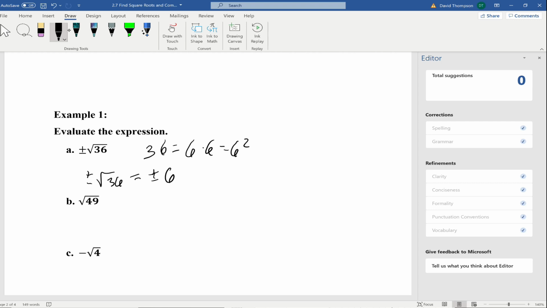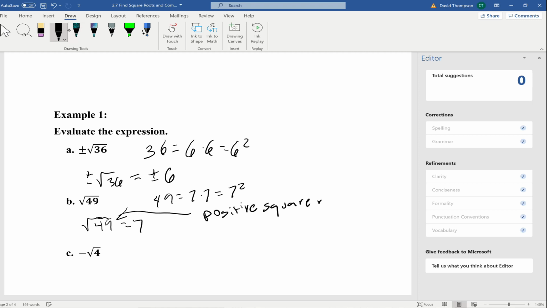Part B, 49 is the same thing as 7 times 7, which is 7 squared. So square root of 49, this time we're talking about the positive one. So this is going to be 7. So this one means positive square root. And we're done.